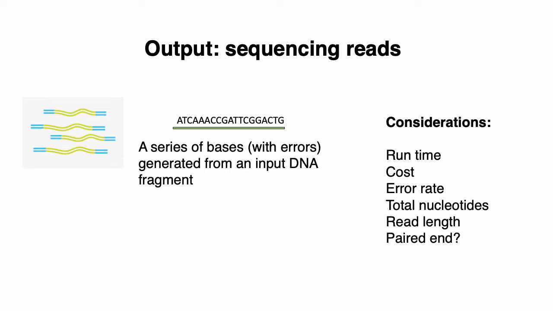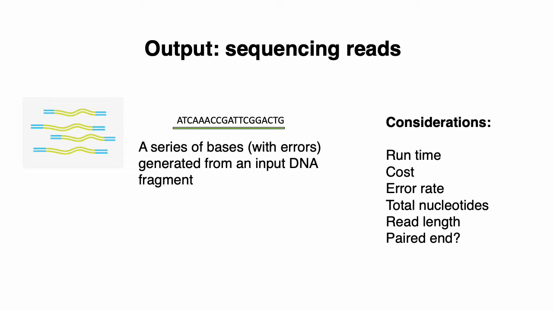A lot of these technologies also differ in terms of their error rate. Sequencing is not a 100% accurate process, and certain technologies like Illumina sequencing by synthesis tend to have a lower overall error rate compared to some of the longer read technologies.